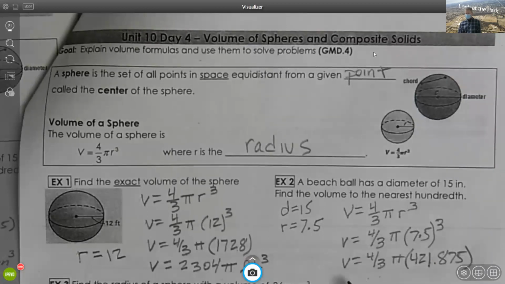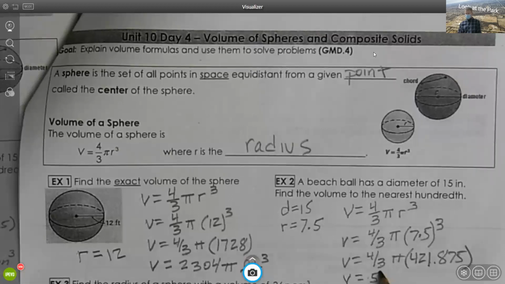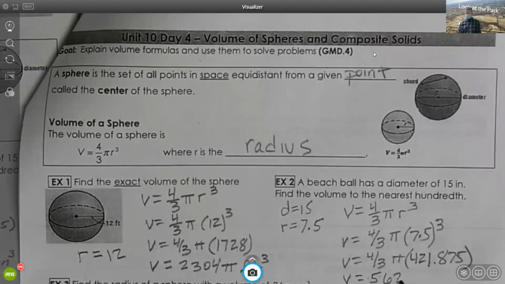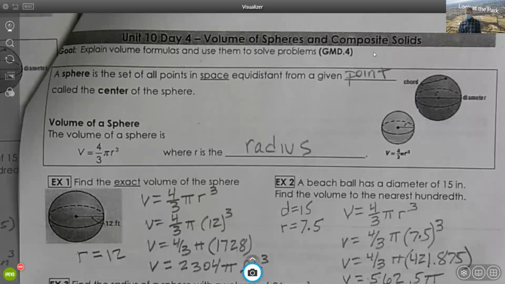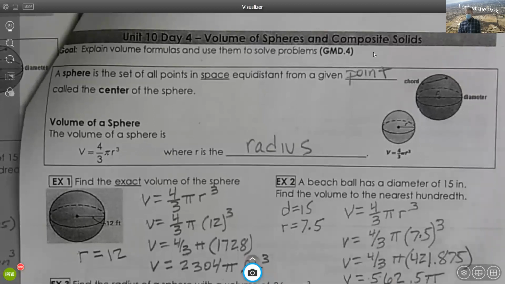So then we'll get volume equals 562.5 pi. And when we calculate pi in here, because they want the nearest hundredth, they don't want pi to be left over in the value.